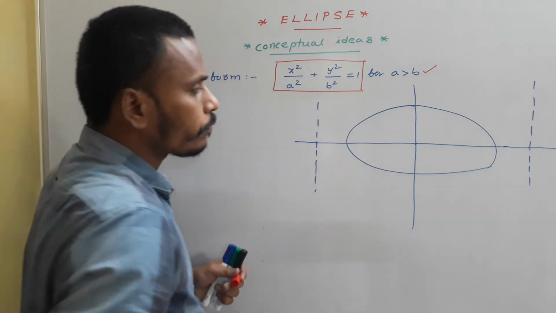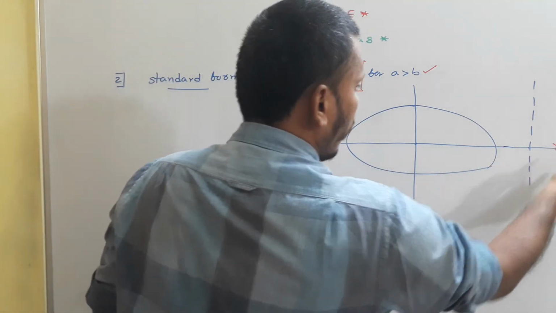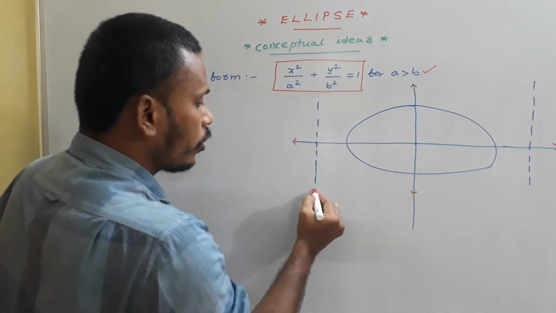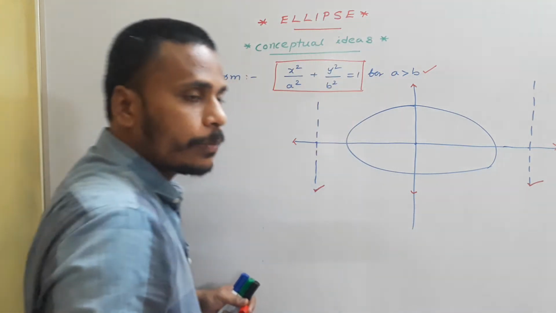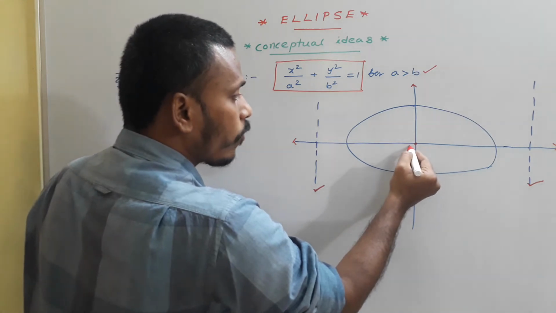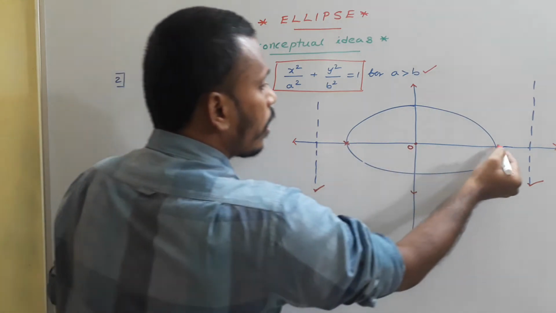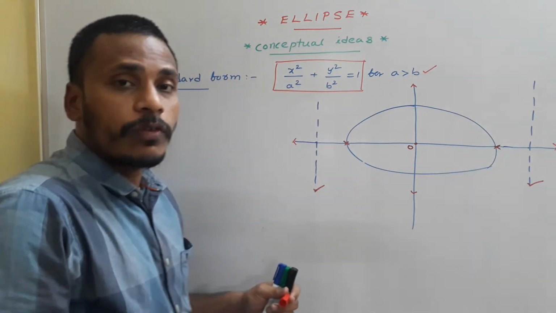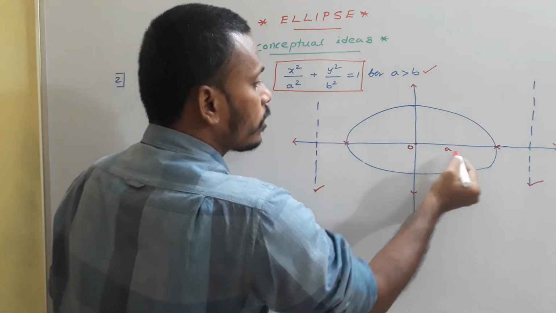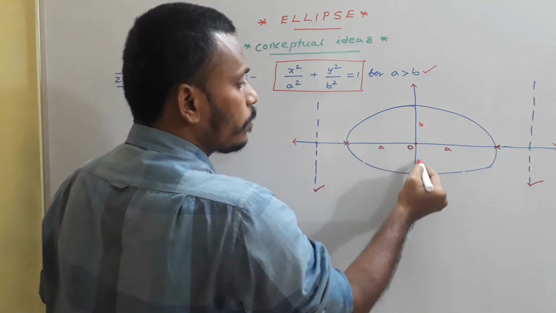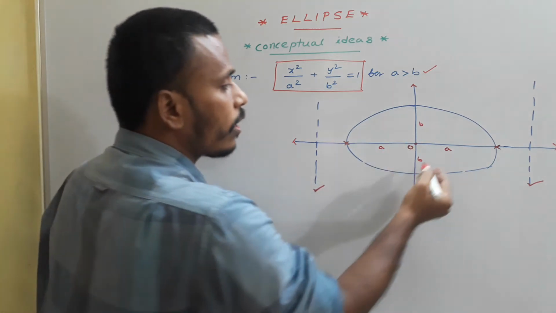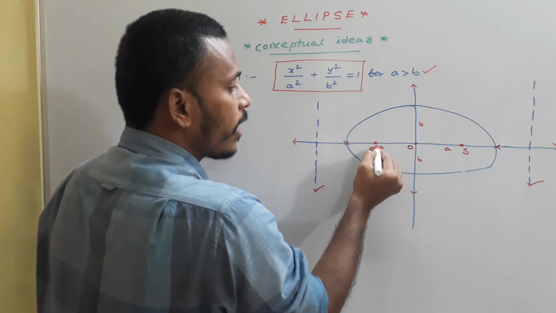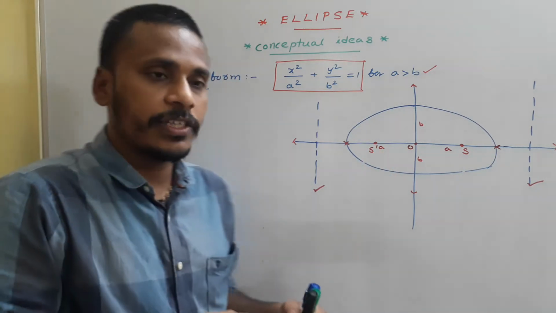So when you observe, this is the major axis of the ellipse, this is the minor axis of the ellipse, these two are directrices of the ellipse, this point is the center of the ellipse, and these 2 points are vertices of the ellipse. Since it is x square by a square plus y square by b square equals 1, we know that this distance is a and this distance is b, and somewhere on this line we have the focus. According to symmetry, the ellipse has two foci, S and S dash.